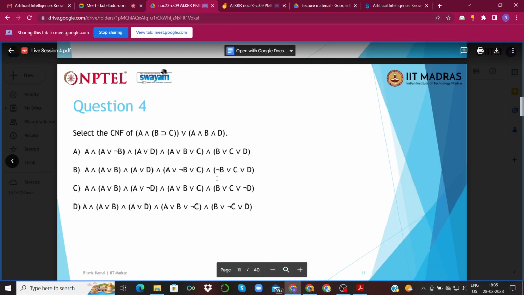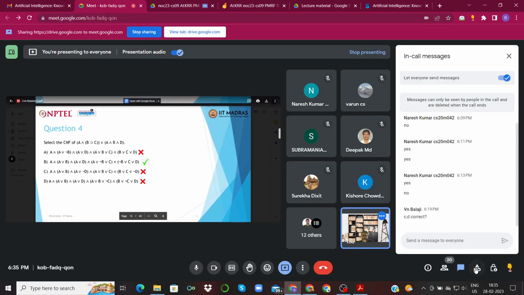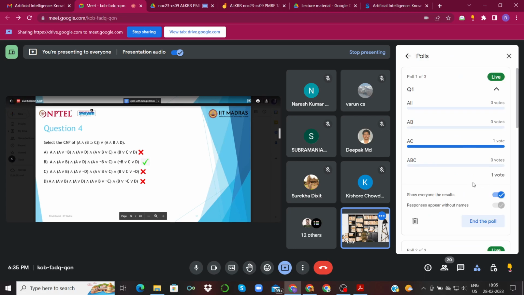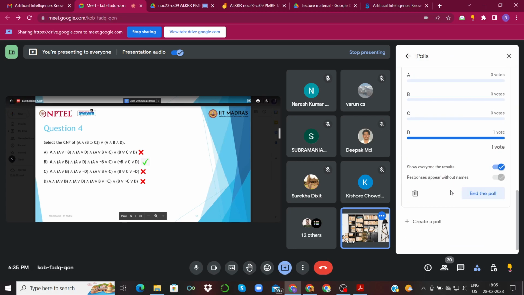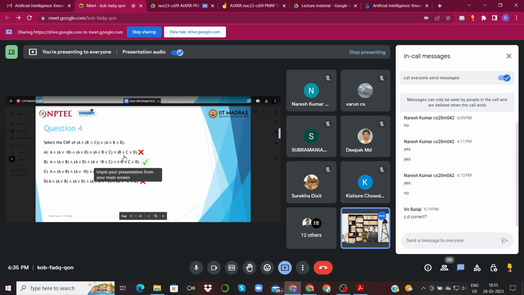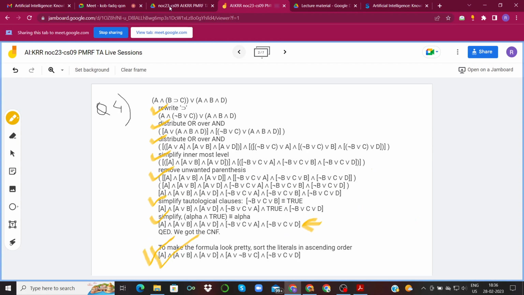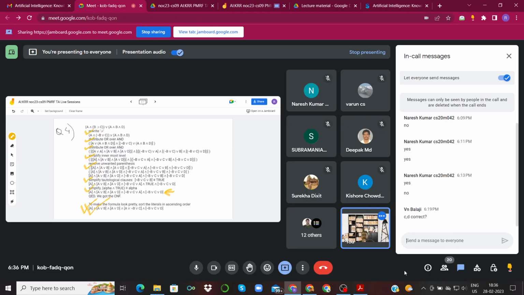And if you go to the options, you will see that this corresponds to option B. I'll let you go through the solution steps once, and if you have any doubts, please let me know. Okay, and then we'll move on to the next question.